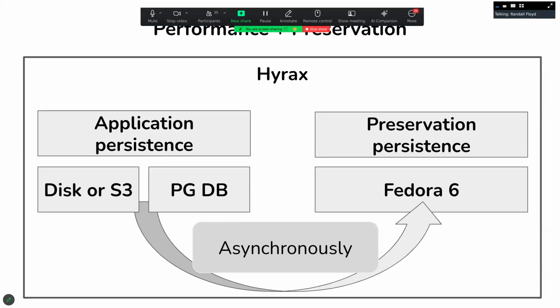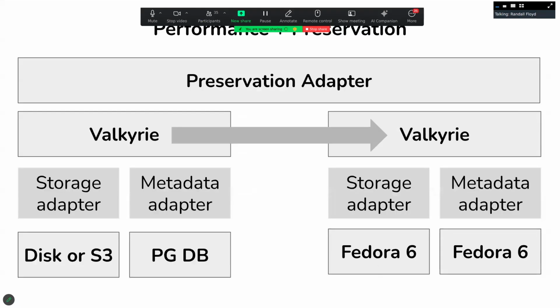And as it just so happens, I think we're in an opportunity to do so that we weren't in before, because we didn't have the right pieces. So now we have the Valkyrie adapter storage layer, and so it just intuitively makes sense that, well, now you know how to talk to Postgres, you know how to talk to Fedora 6 via the Valkyrie metadata adapter.